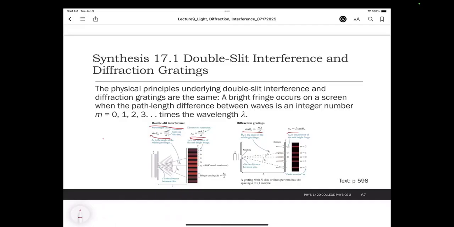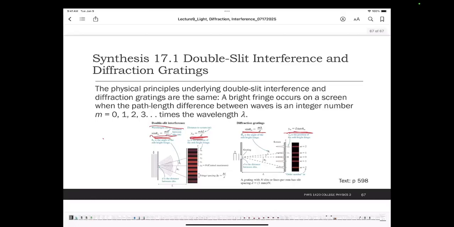For the diffraction grating, this is the same. Actually, you can also use this equation because we have already proved that this equation is also suitable for double slit interference, if you check what we have already learned.